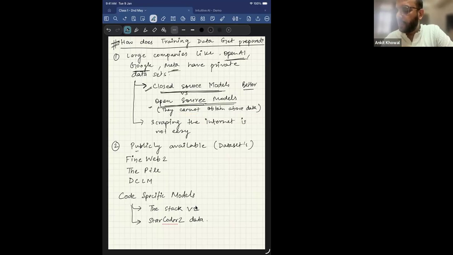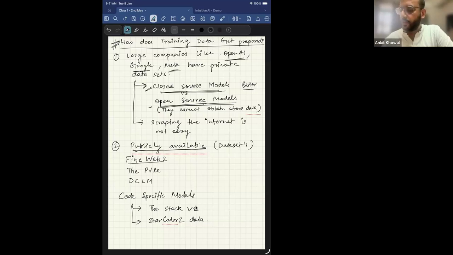There are some publicly available data sets. If you are creating a model for your company, people have created some publicly available data sets. They are called FineWeb 2, for example. If you go in and search, you will get this data set.